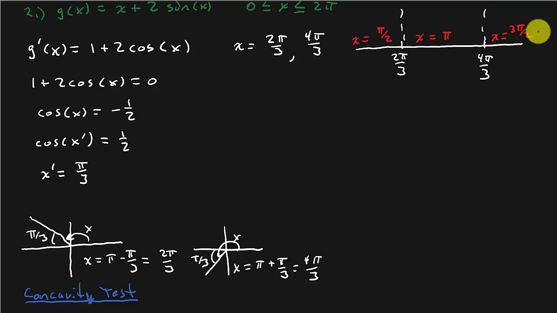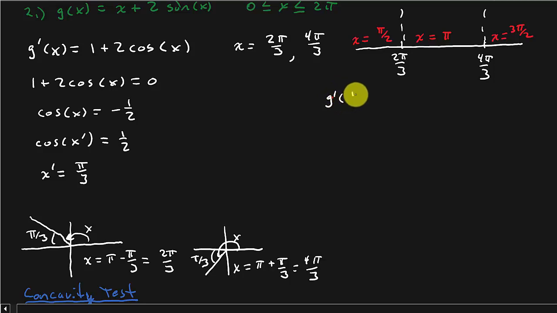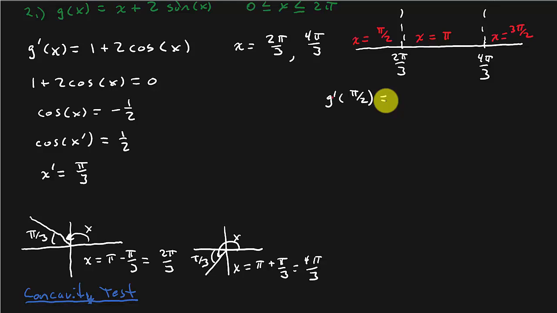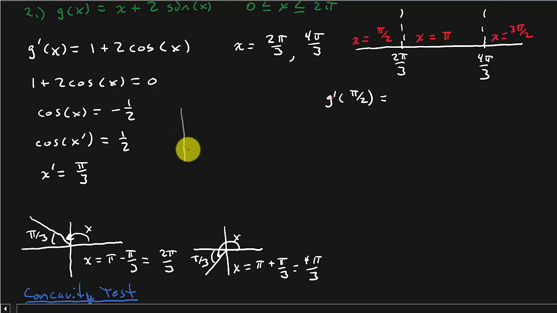All right, so I've got g prime of pi over 2 is equal to 1 plus 2 times the cosine of pi over 2. Well, that's the cosine of 90 degrees, right? One thing that we can do, remember this, you can sketch out your sine and cosine.